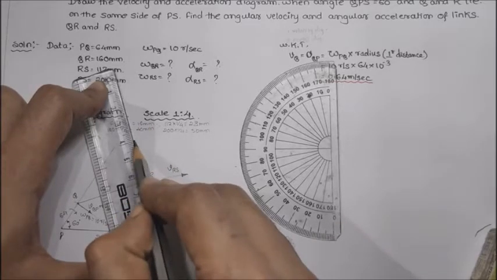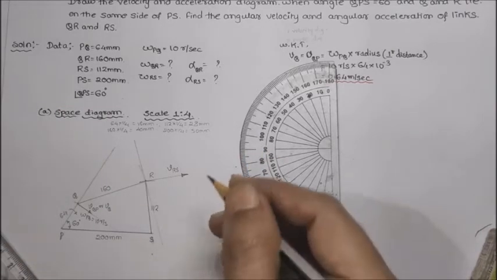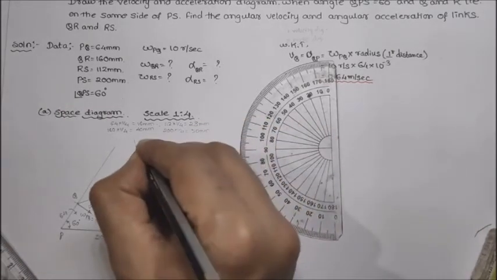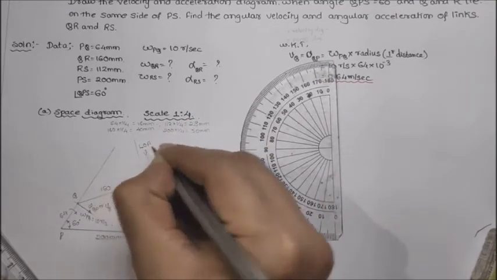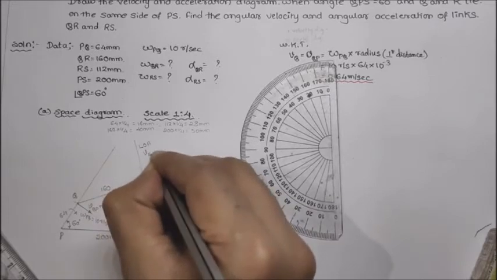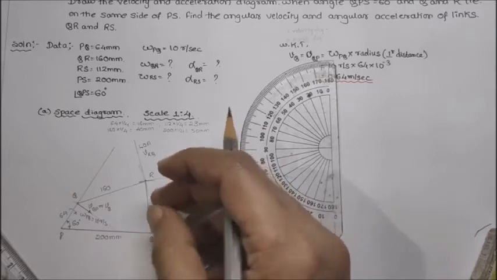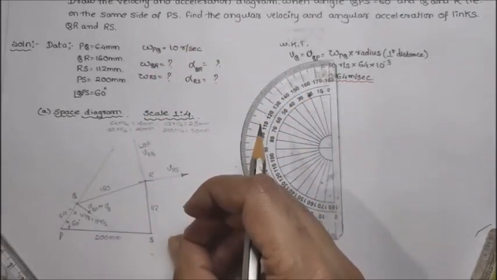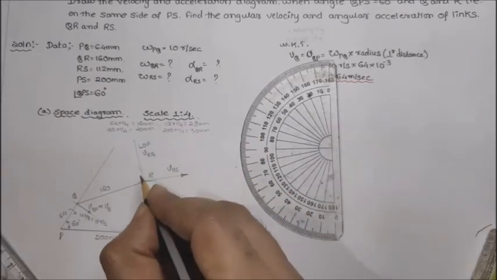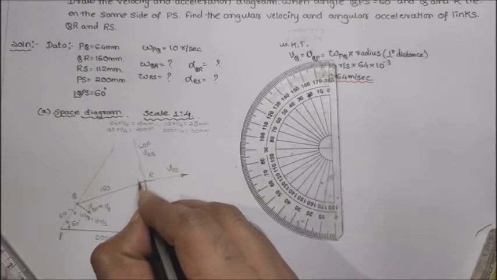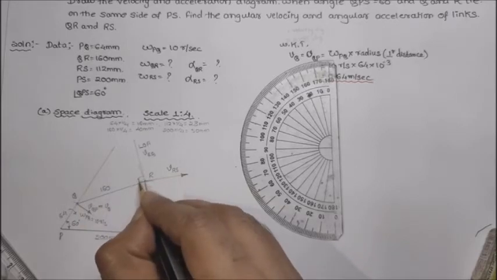So draw one straight line. So this is the line of action of velocity of R with respect to Q. We don't know in which direction it is acting, but we know that this is the line of action of velocity of R with respect to Q. This will be perpendicular to line RQ.